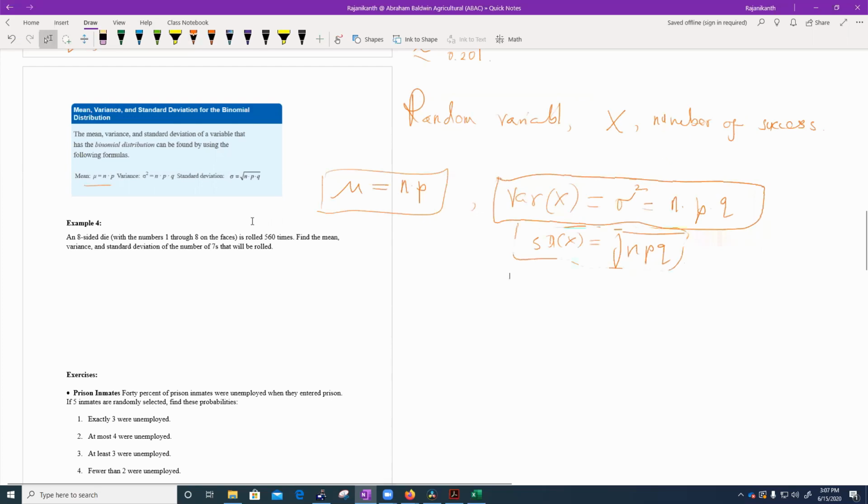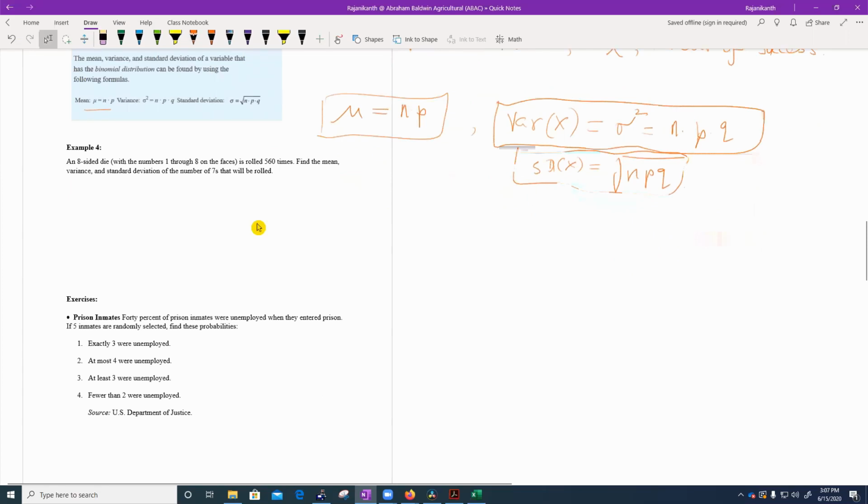Okay, right. So let's look at this problem. An eight-sided die with a number from 1 to 8 on the faces is rolled 560 times. Find the mean, variance, and the standard deviation of the number of sevens that will be rolled. You understand the problem?